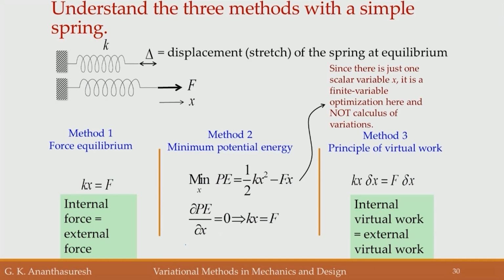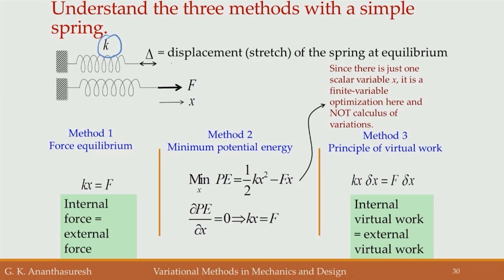In order to understand the 3 methods, let us take the simplest problem that one can imagine in elasticity, which is basically a spring of spring constant K, and we apply a force F and it is going to undergo a displacement delta.